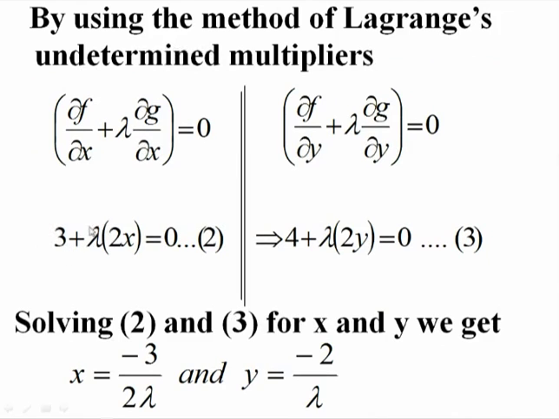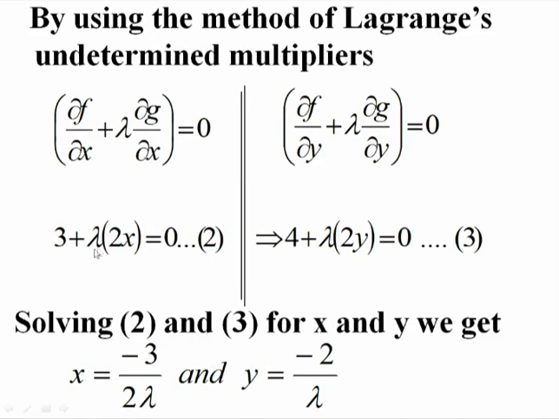Now we have these two equations, 3 plus lambda into 2x is equal to 0 and 4 plus lambda into 2y is equal to 0. So these are the second and third equations, and solving them for x and y, we can find x in terms of lambda.